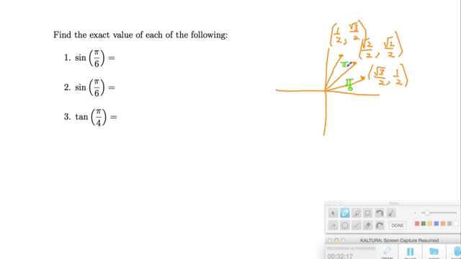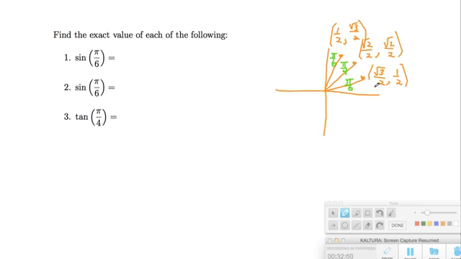Second one was pi over 4, that's a 45-degree one. And the 60-degree angle is the same thing as pi over 3 in radians. So if you're looking for sine of pi over 6, remember that pi over 6 is this angle right here, right?